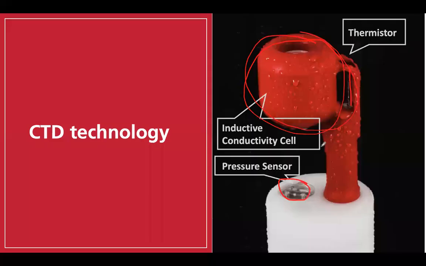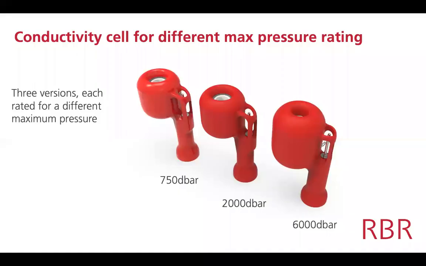Okay, so this would be a very typical RBR CTD. We do build CTDs for different pressure ratings, and the construction differs very slightly between the three different pressure ratings that we have.